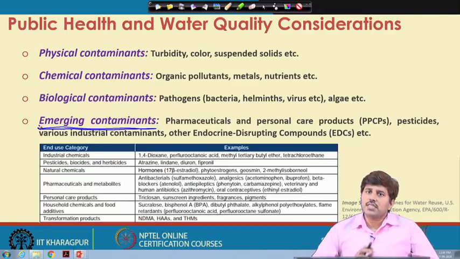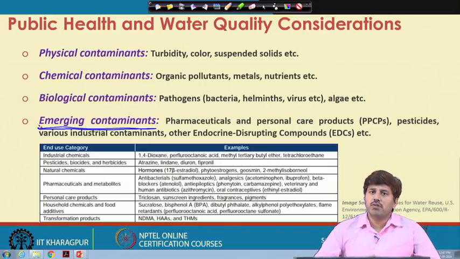If we are not testing that in the first place, we do not know if emerging contaminants exist or not, and probably we will end up supplying water saying that it does not have BOD, COD or suspended solids, and the dissolved solids are also not too much, all within the permissible limit.